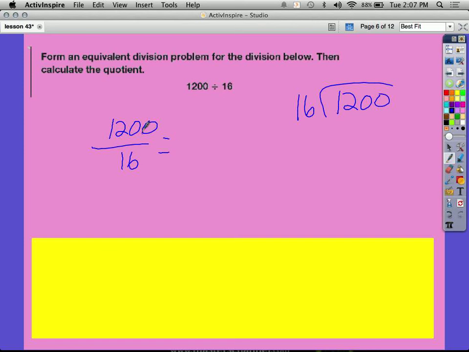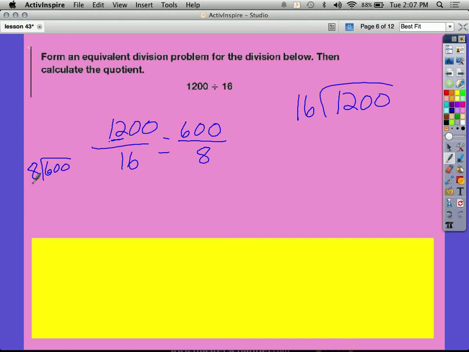If I divide this by 2, I can divide that 12 by 2 and get 6 with 2 zeros still. And I divide 16 by 2, we're going to get 8. So now I have 600 divided by 8.